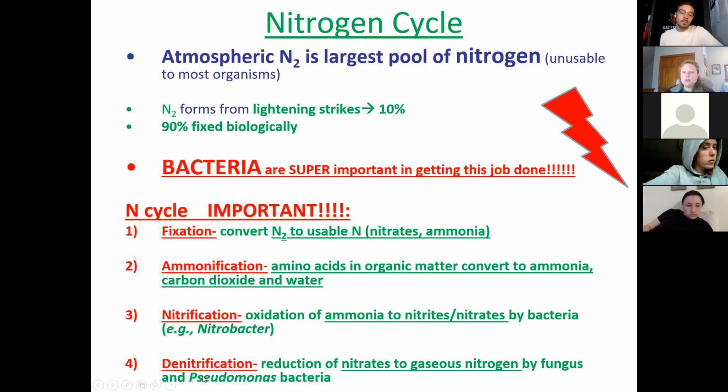Try and commit these things to memory. The bookends are fixation and denitrification. Fixation takes your N2 gas and fixes it into something useful. Denitrification takes what was useful and converts it back into atmospheric nitrogen gas. In between, it depends. If you've got oxygen, that's the nitrification step, where we convert that ammonia typically into nitrites and nitrates, the ones with the NOs, NO2, NO3.